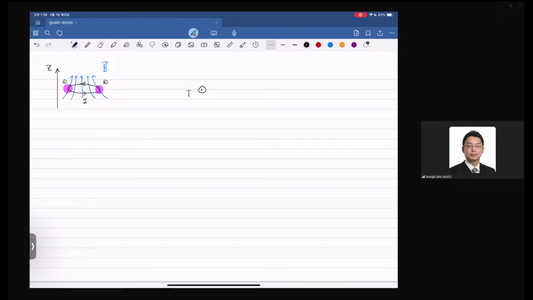The current is going out of the plane, and your B field is pointing in this direction for the left side, right? So you can use the right-hand rule to calculate its force. If I is going out and B is this way, you use your right hand, and you will see that the force for this small segment is going to be this one. It's left up, the force direction.